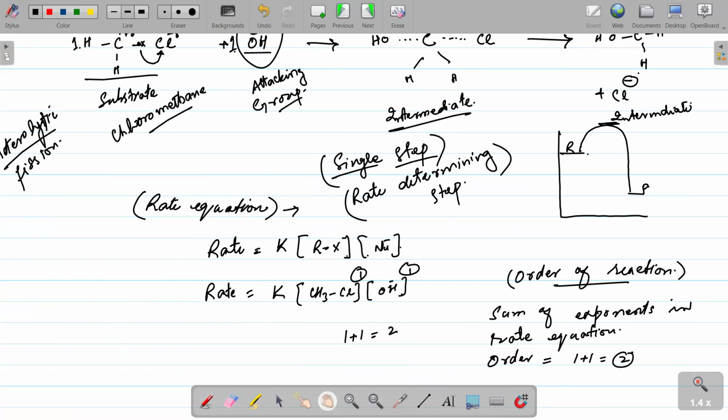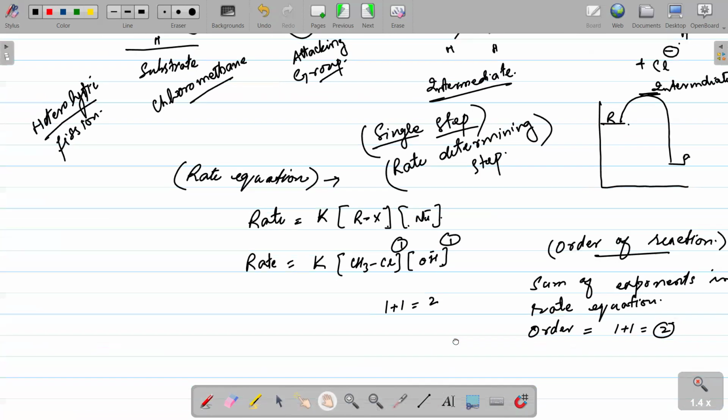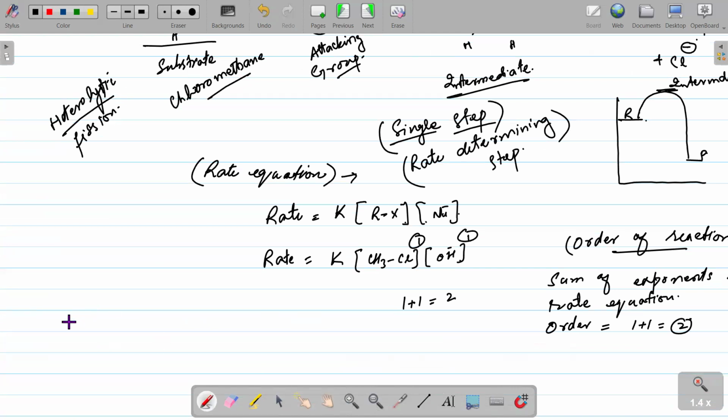And here, one more definition which is very important, that is known as molecularity. Okay, what is actually molecularity?